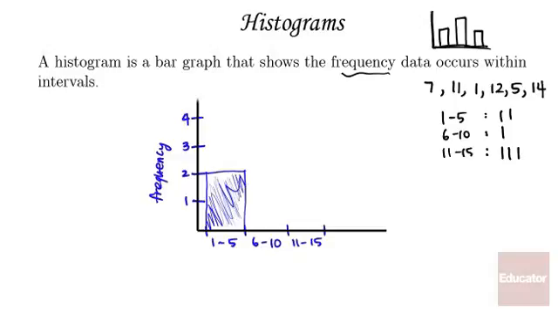And then the next group, 6 through 10, is just once. So it's going to be like that. And then my third group, frequency, 3 times. So go up to 3.